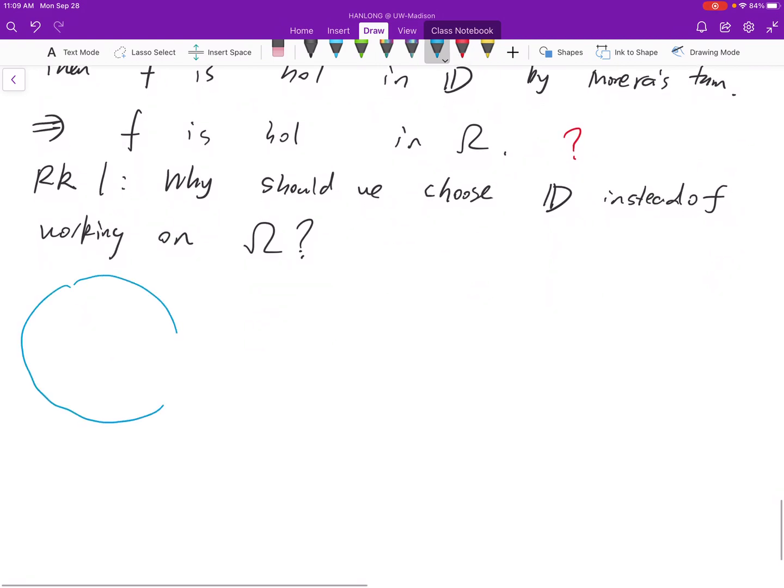Suppose you have a punctured disk, and the function you have is 1 over z plus 1 over n, which converges to 1 over z.